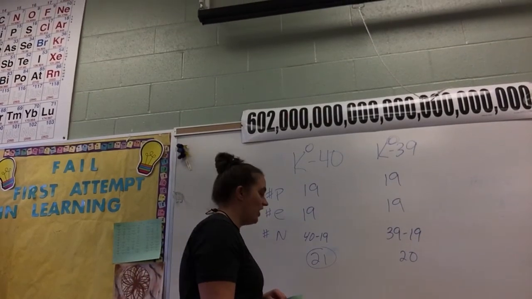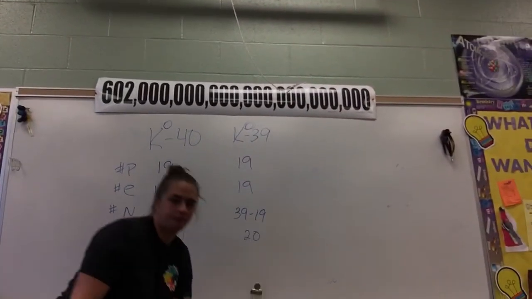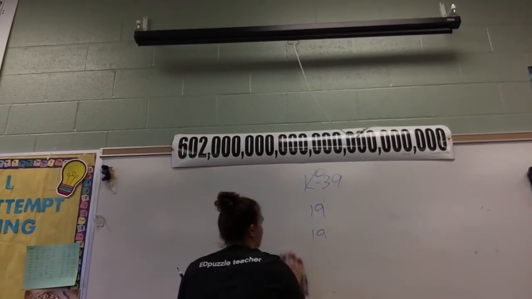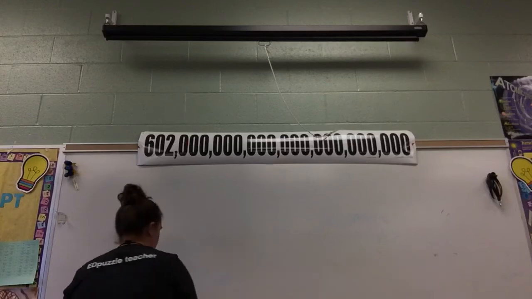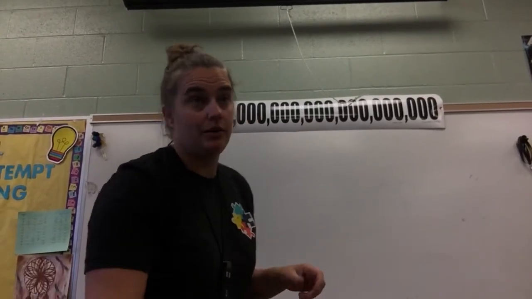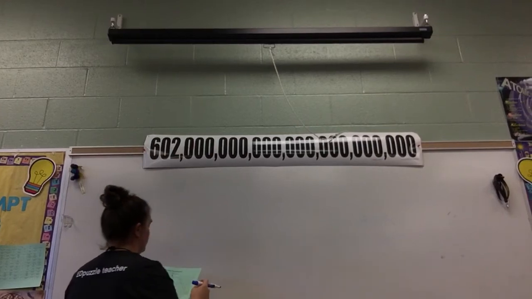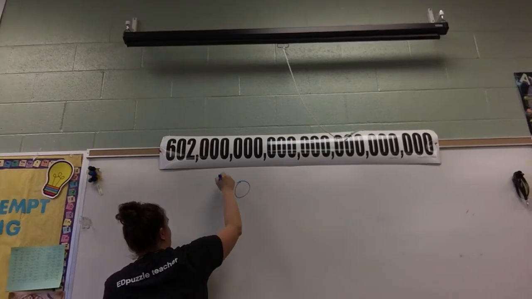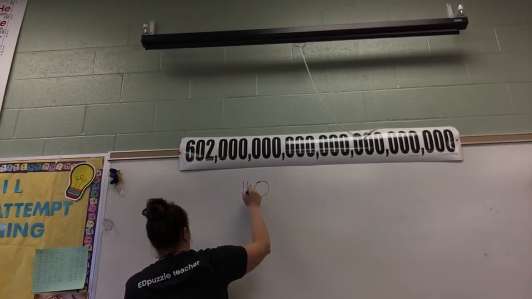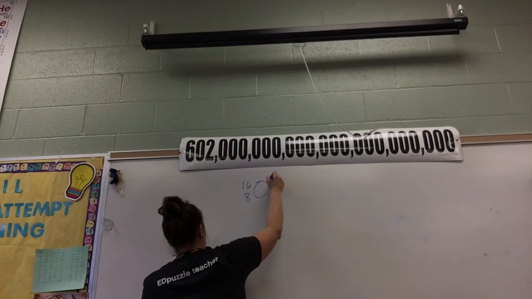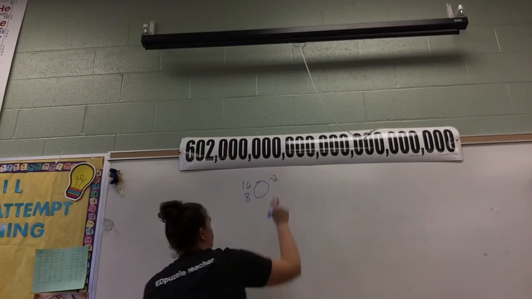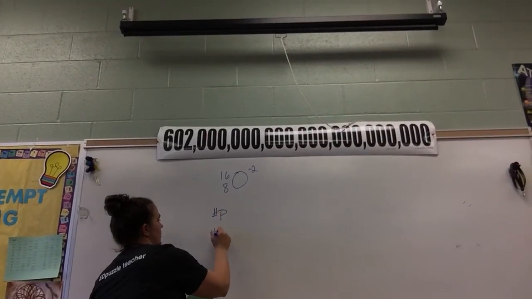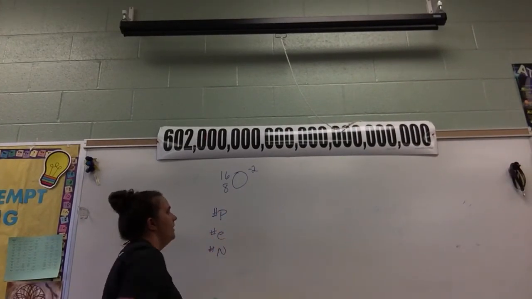Okay. If I add another one to this mix, we'll do, I need my periodic table. We'll take a look at oxygen, okay, and I'm looking for number of protons, number of electrons, number of neutrons.